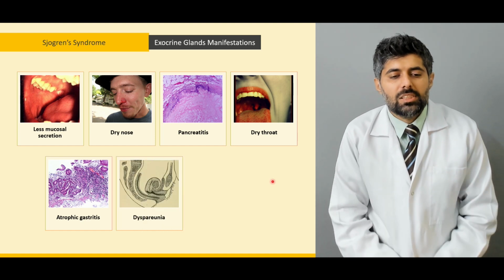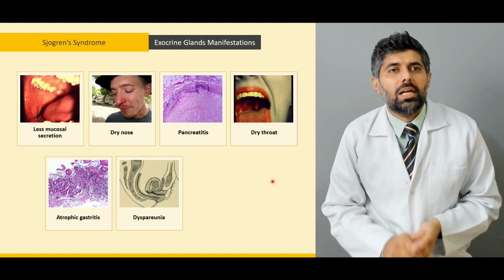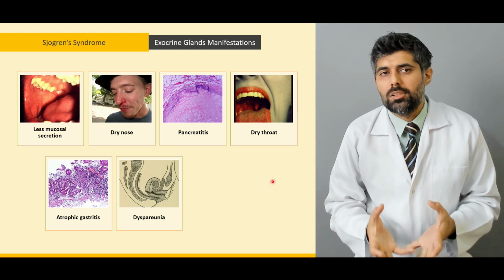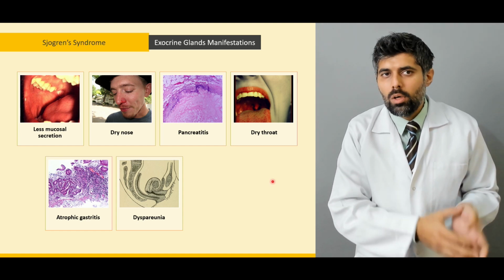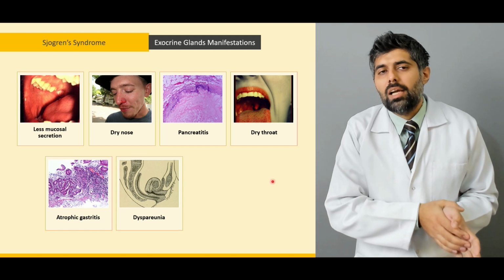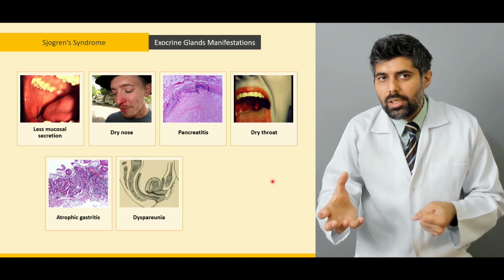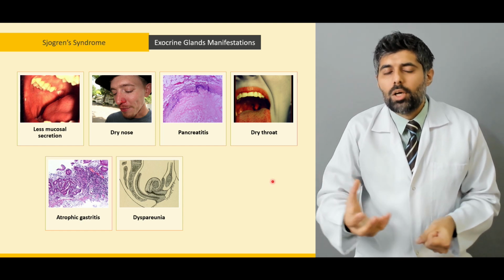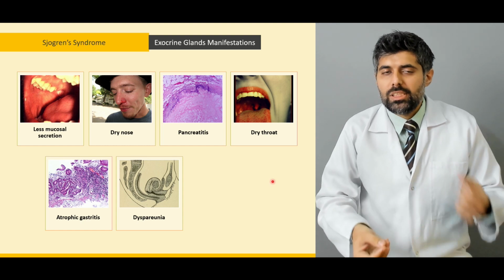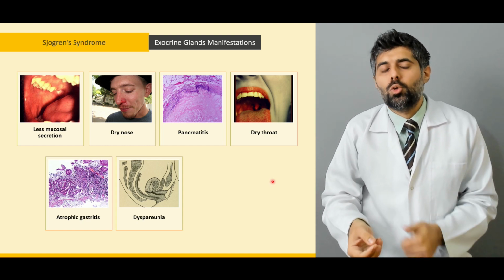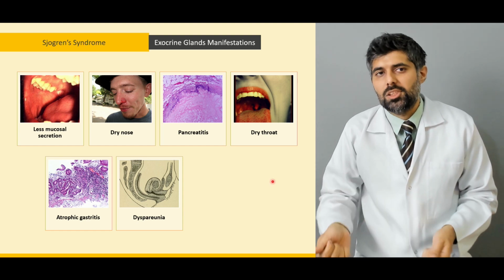Next, we have dyspareunia. Dyspareunia is described as the dryness of the genitals or the genital area. As I mentioned before, the exocrine glands also have some decreased secretion of sebum, because the antibodies in Sjogren syndrome also attack the sebaceous glands of the skin that produce the sebum.